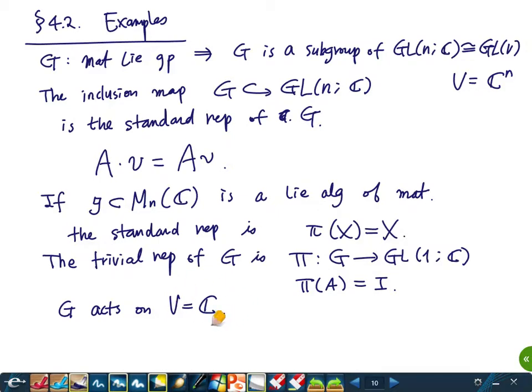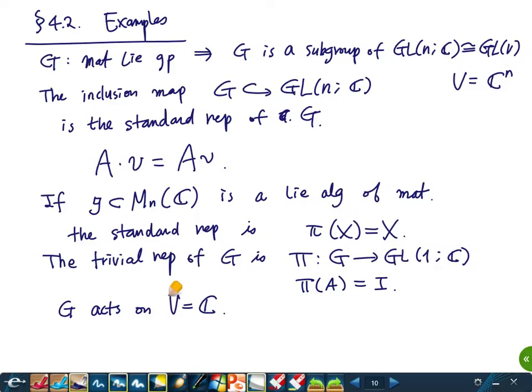So the question is, is this representation irreducible? The trivial representation is a representation acting on V, which is of dimension 1. So what is the definition of an irreducible representation? It does not have any non-trivial invariant subspace. Is that true? It doesn't even have any non-trivial subspace because it's dimension 1.